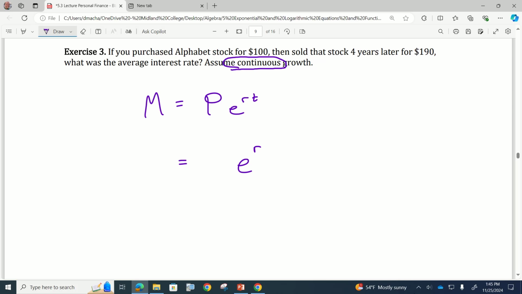What is my maturity value? $190. Yeah, that's the dollar amount after some time has passed, so it's 190. What's the principal? 100. What is T? 4 years. So I can solve for R if I just divide both sides by 100. And how do I get rid of the exponent base e?